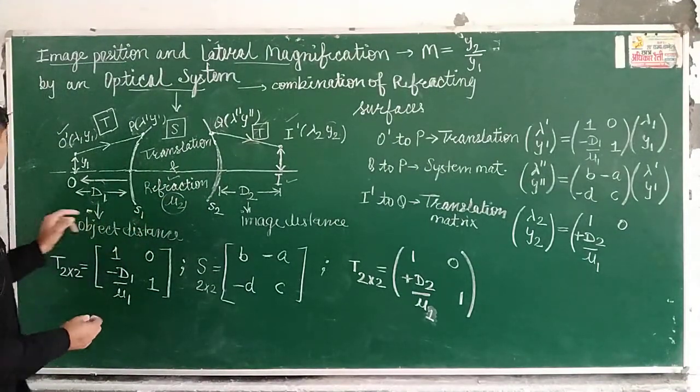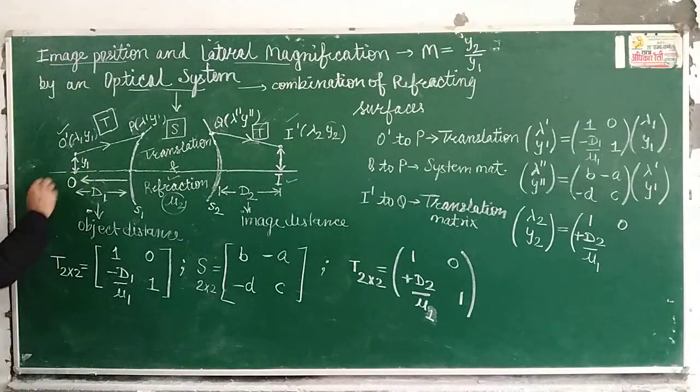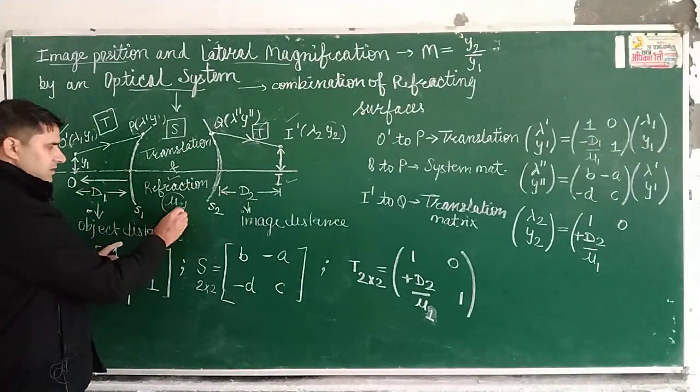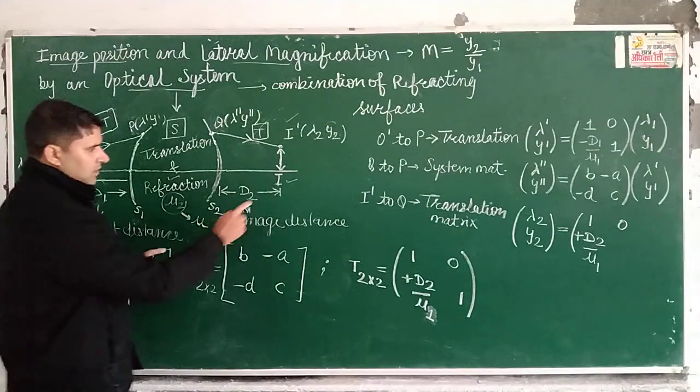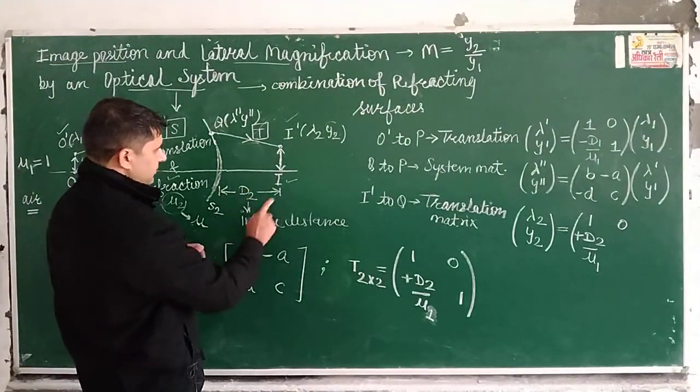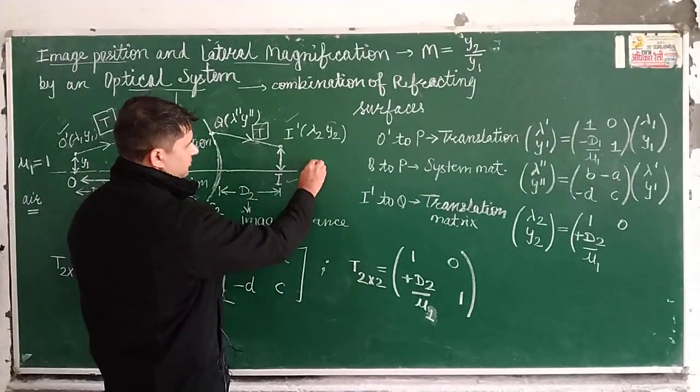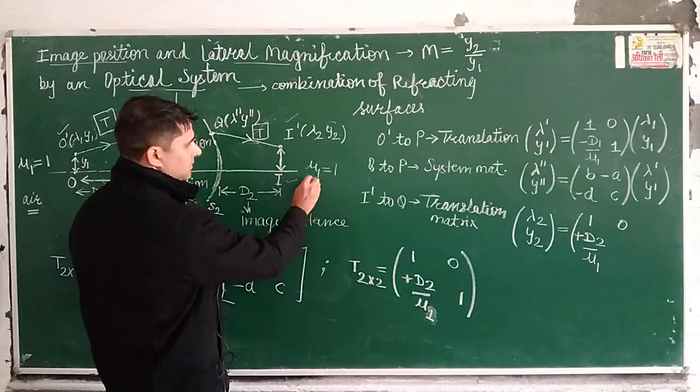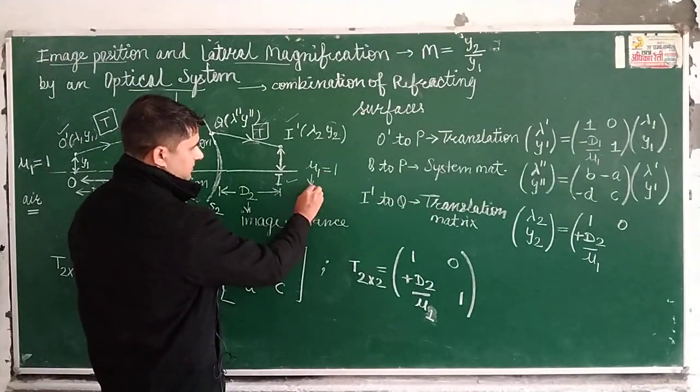So if this optical system is placed in air medium, let us consider this to be air medium, then the refractive index mu1 will be equal to 1, because it is placed in the air medium, and the refractive index of this space will also be mu1 equal to 1 if this medium is air.